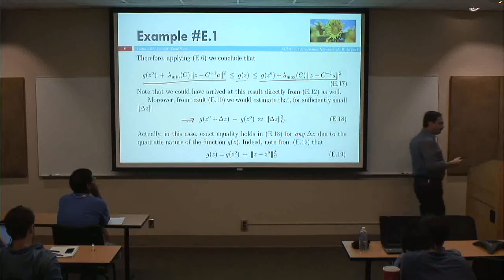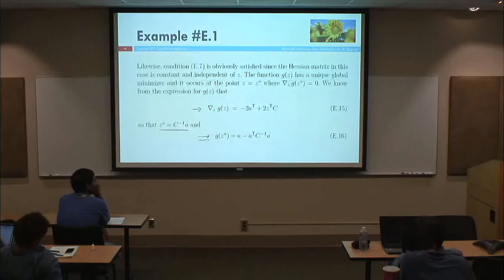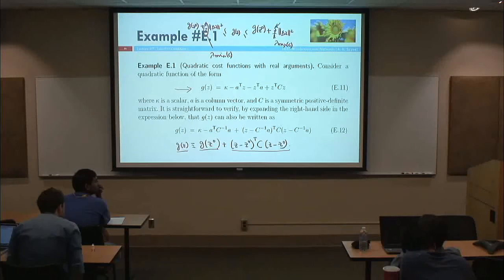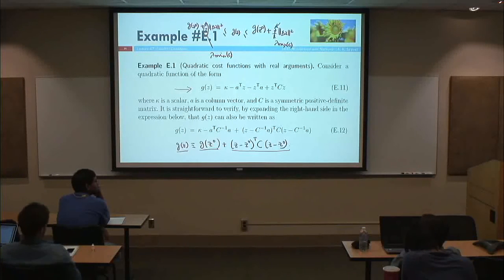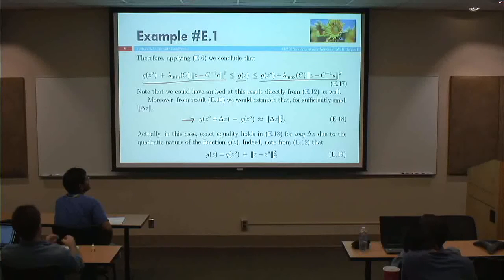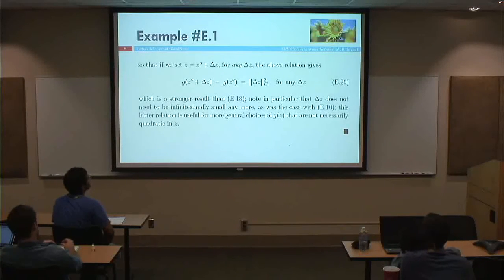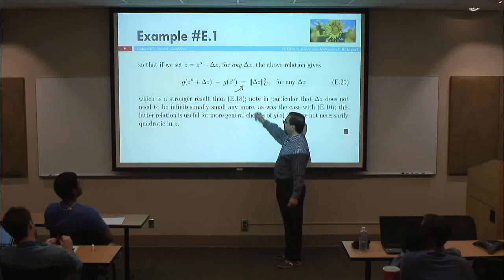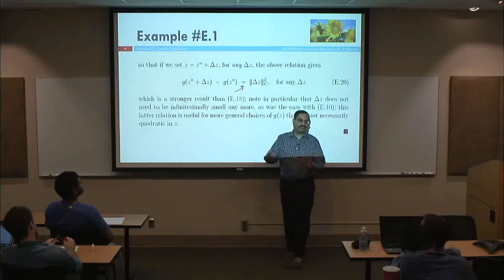Because for the quadratic case, g minus g of 0, you can see this is the norm of z minus z0 with weight C. It's exact, okay? Anyway, so this example illustrates, right? So for a quadratic function, this is exact, okay? But the lemma is more general than that, okay?